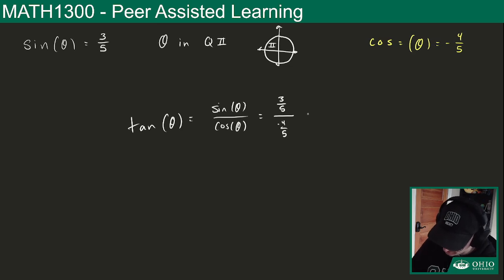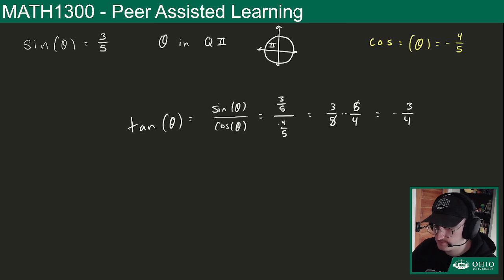Dividing a fraction is the same as multiplying by the reciprocal. So I should stick the negative in there. And then these 5s will cancel, and we're left with negative 3 over 4. Okay, so I'll write that down as another value. So we know tangent of theta is negative 3 over 4.